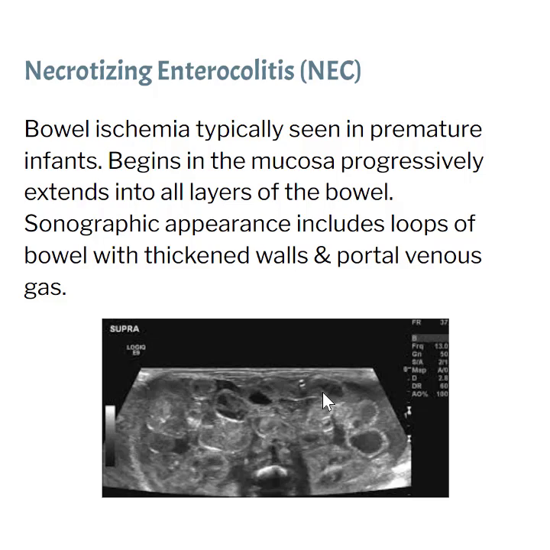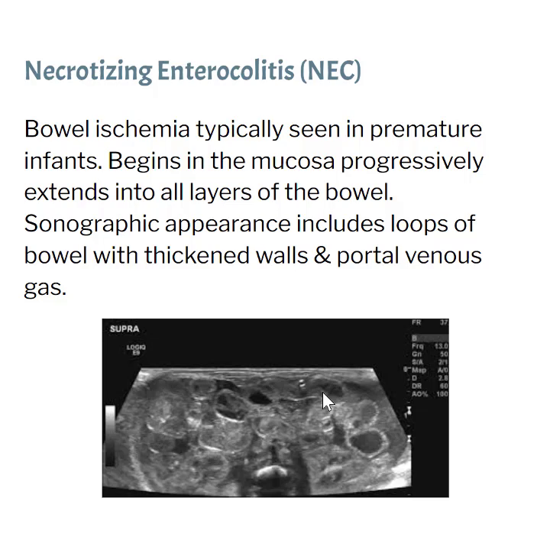As that bowel starts to die, it's going to progressively extend through all the walls, and when that happens, the walls can break open, air gets in there, and it is usually not accompanied by a good outcome. Necrotizing enterocolitis is very worrisome when we see it on these premature babies.